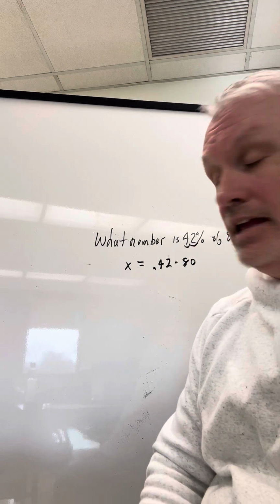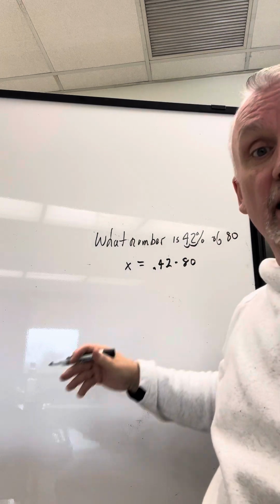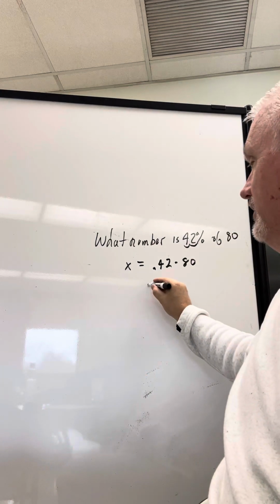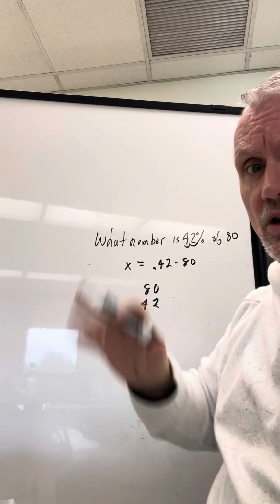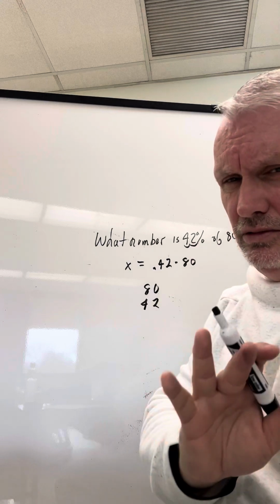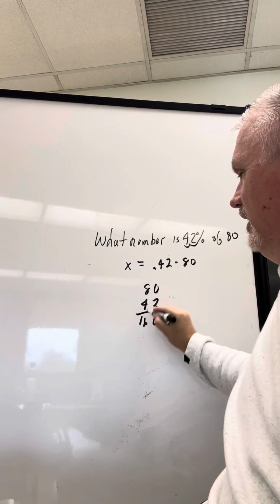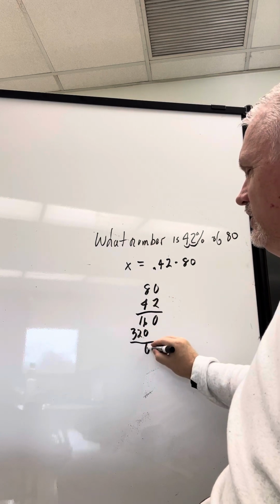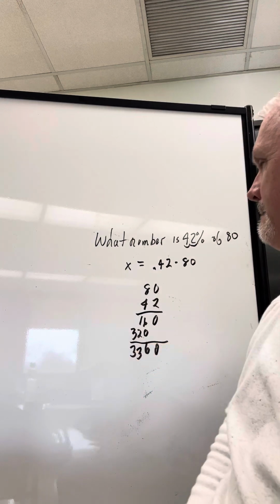Okay? Now this is easy because now I just have to multiply these two things together. Again, if I didn't have a calculator, I'm going to do it the long multiplication way. So I have 80 times 42. I'm not really going to worry about the decimal. Remember, if I'm multiplying decimals, put the decimal in at the very end. So I have 0, 16, 0, 32, 0, 6, adding down the columns, 3, 3.